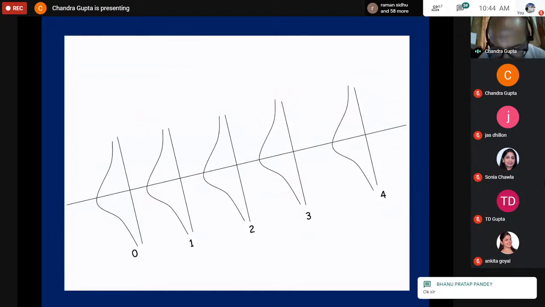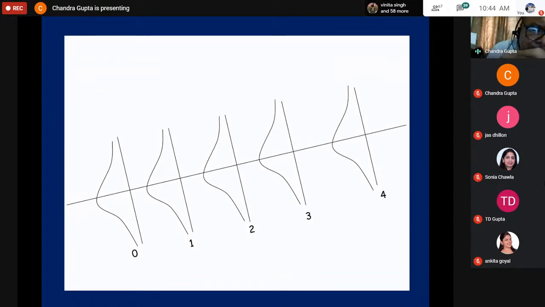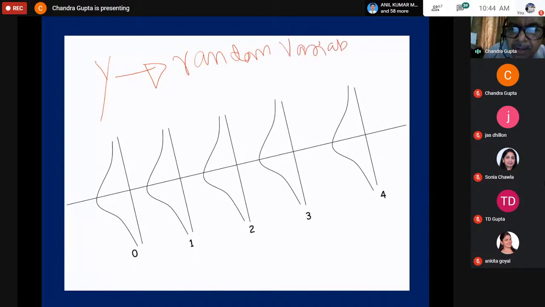Okay, to appreciate further the idea of time series, let me take another example. Suppose we have y, which is a random variable. And assuming, for simplicity's sake, it follows a normal probability distribution, right? So it can take different values with a probability distribution which is normal. Y can take different values.